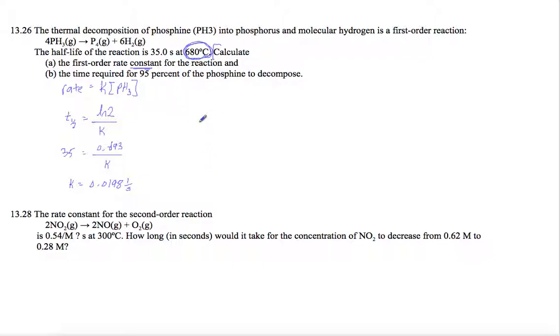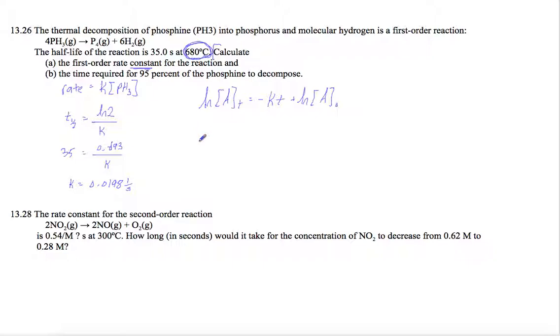So this is just like the problem we did before, only we can't do it by half-lives. So we have natural log of A at some time is equal to negative k t plus natural log of A initial. All right, and so now we can plug things in.